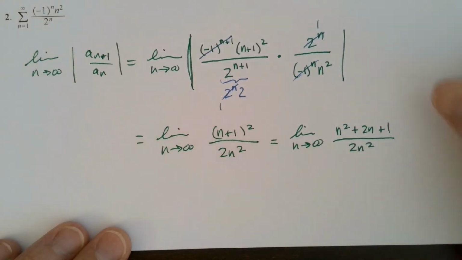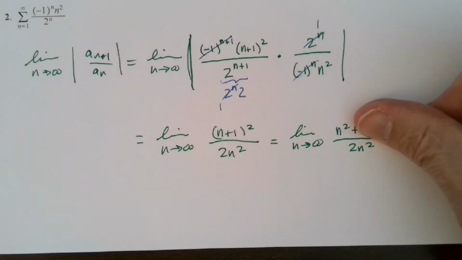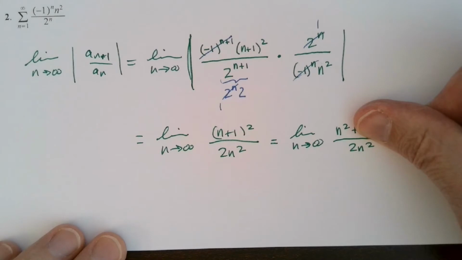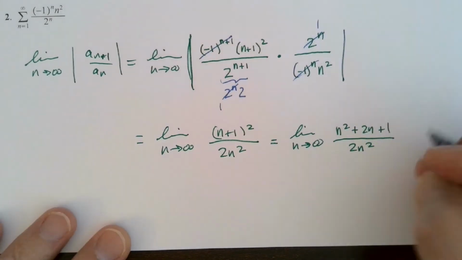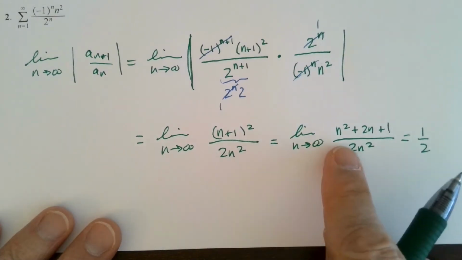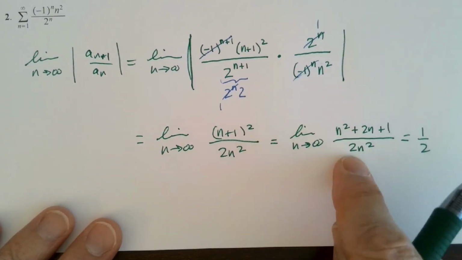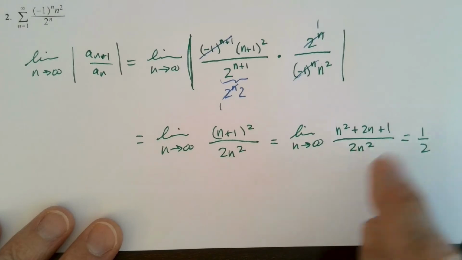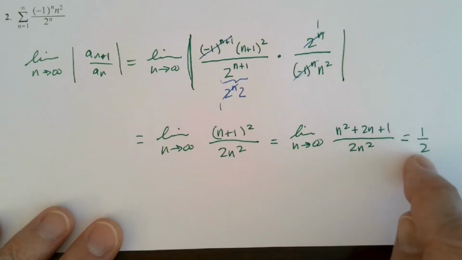Then the highest degree term up top is going to dominate as n gets bigger and bigger. As n goes to infinity, this thing is approaching n squared divided by 2n squared. And n squared divided by 2n squared is 1/2. So you can get that also by L'Hopital's rule. You have to use it twice. You get infinity over infinity after the first time, and you do it again, and then you'll get 1/2.